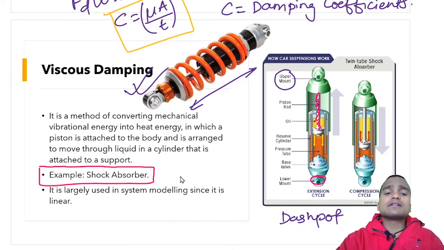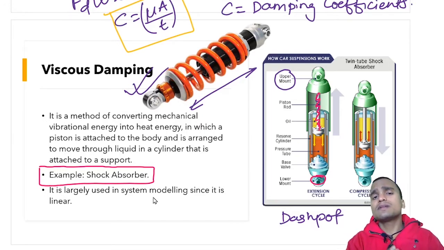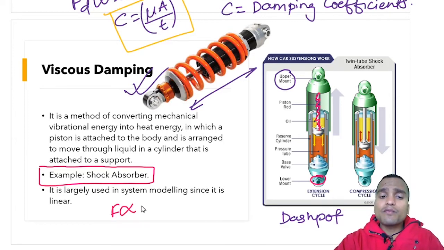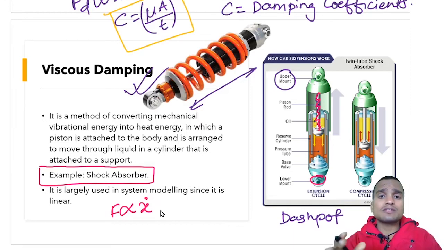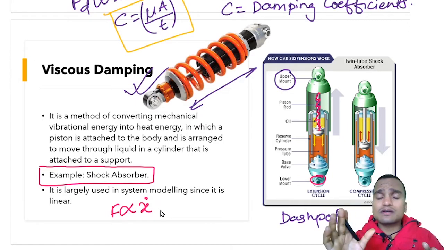And why is viscous damping very, very important? This is very important because here, as we can see, force varies linearly with the velocity of the system. In viscous damping there is a linear variation, force is having a linear variation with velocity. So what happens if the system is vibrating with high velocity?